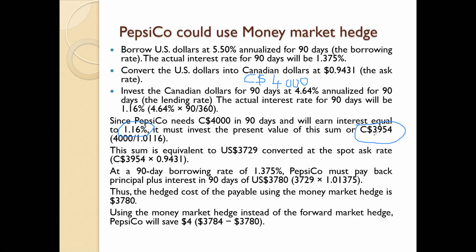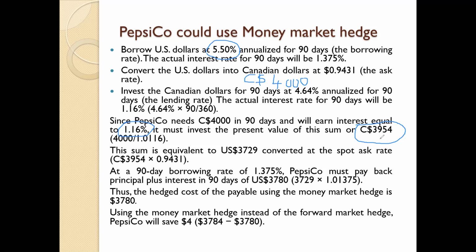Then, in order to get the Canadian dollar 3,954, this trader has to borrow some amount of US dollars from his bank at the rate of 5.5% per annum. Now this is your end result, this is your investment amount.